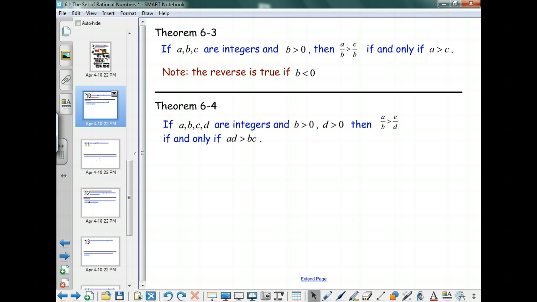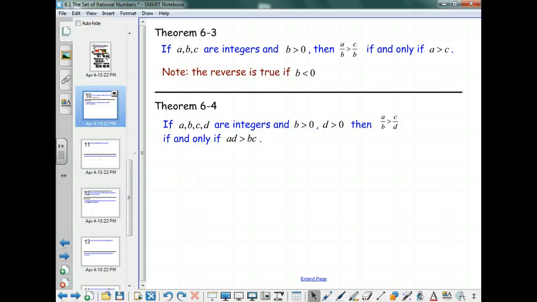All right, 6.3. A and B are integers and B is positive. If you compare A over B and it's greater than C over D, that will be true if and only if A is greater than C. If B is negative, the reverse is true. In other words, if the denominators already match, then we've got some sort of relationship, whether equal, greater than, or less than, and we can talk about the relationship between the numerators in much the same way as the fraction relationship.